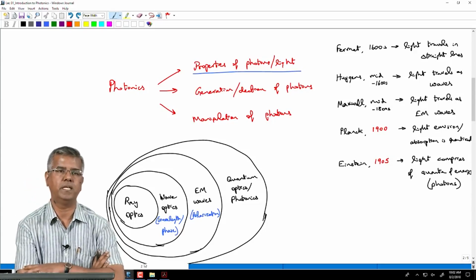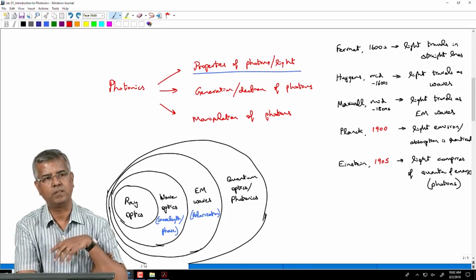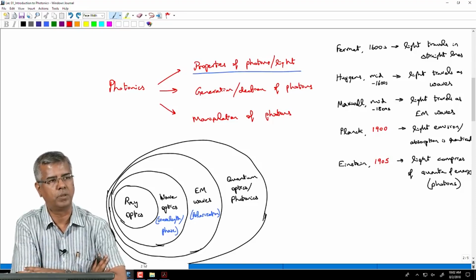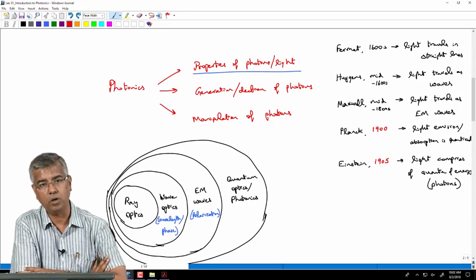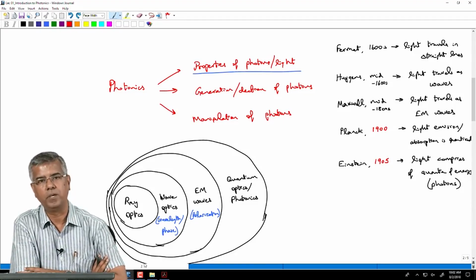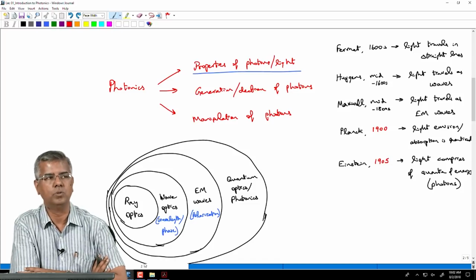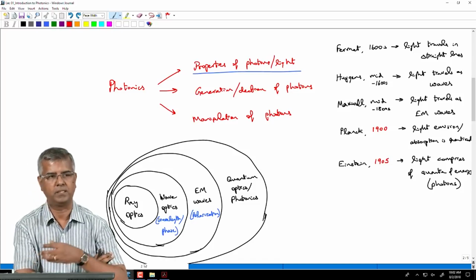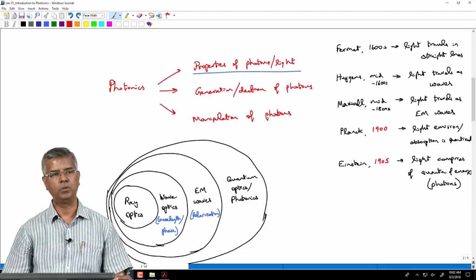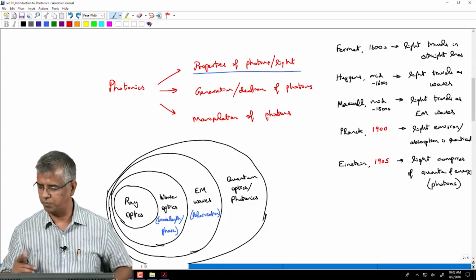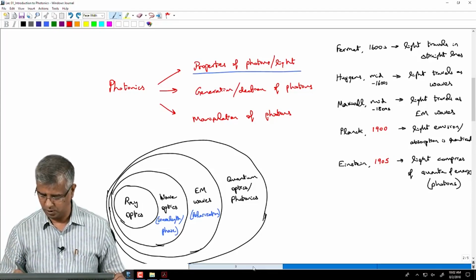So, as I was mentioning yesterday, we are starting with ray optics examples, and then we will proceed to examples with wave optics, and beyond that electromagnetic optics and eventually quantum optics. Okay, that is how we are going to progress.